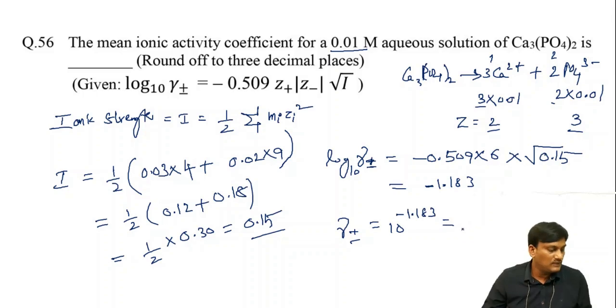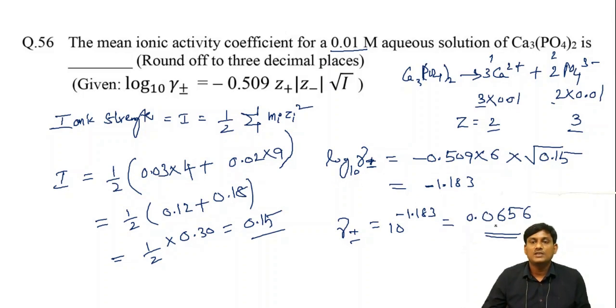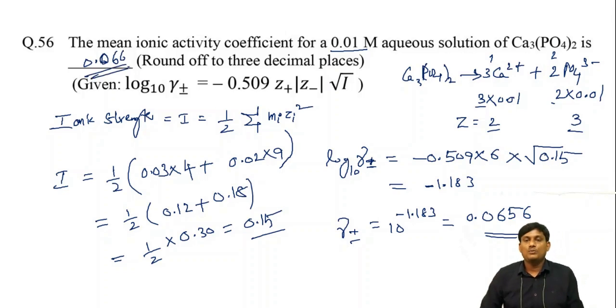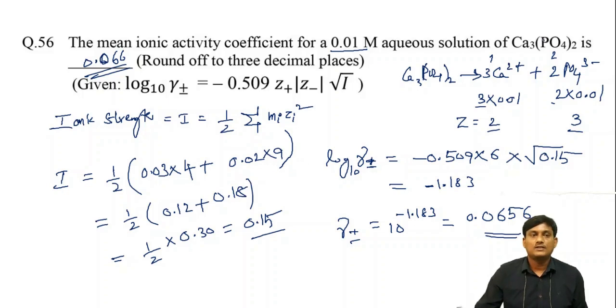This one is equal to 0.0656. Okay, 3 decimals, so it will be 0.066. You can write 0.066 is the mean ionic activity of this salt.